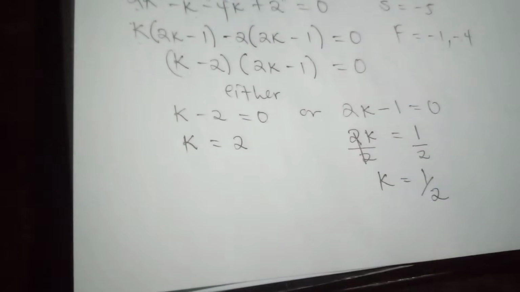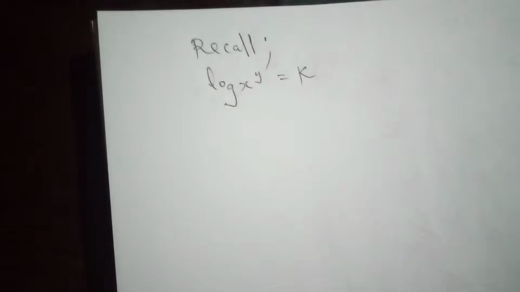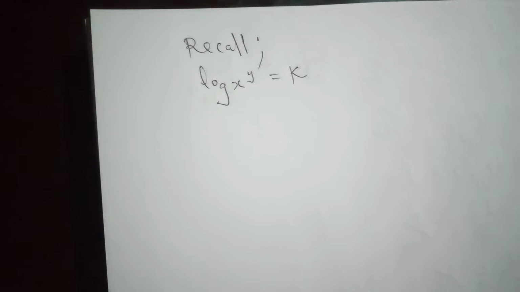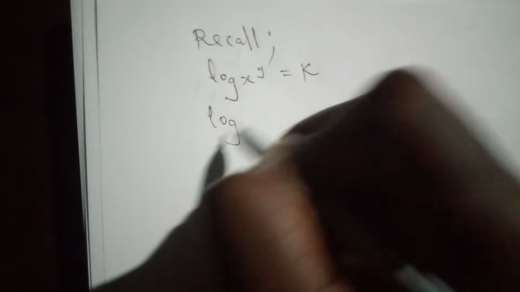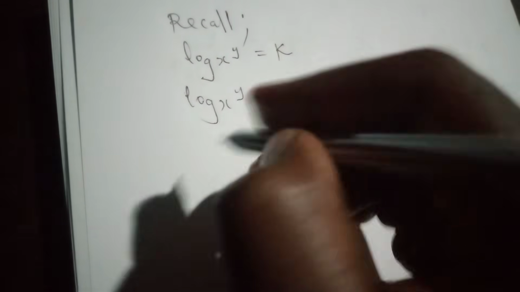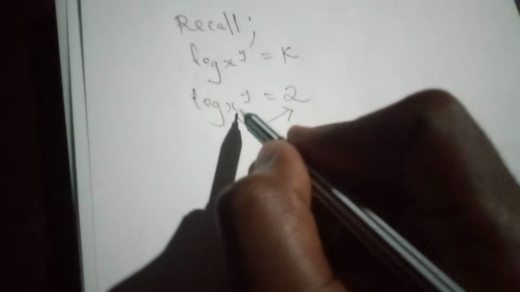Now you have to recall that log of y to base x equals k, and you have calculated your values. So the first one, log of y to base x equals 2. So this one will shift that, so you are remaining with y.